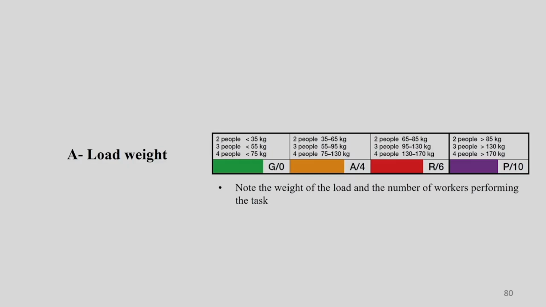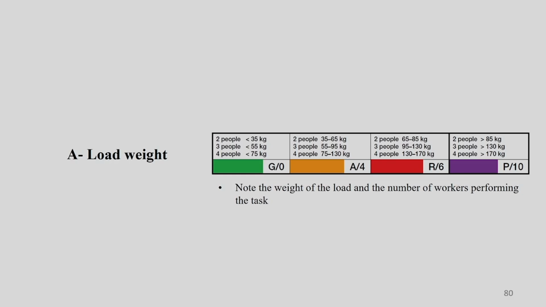So load weight is a little different here. If 2 persons are handling less than 35 kg, then it is green. If 3 persons, less than 55 kg, then it is green, and if 75 kg, then it should be handled by 4 persons. In such cases it is green.